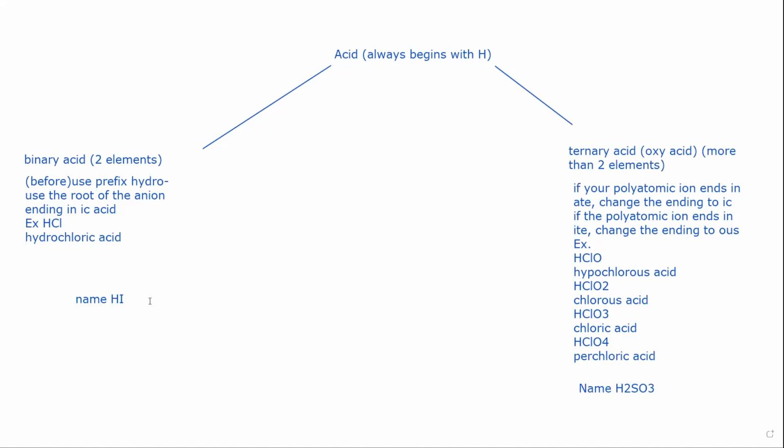So in this case, I'm going to put it below here since somebody already answered. The name of the anion is iodine, right? You take that ending, "ine," and take "ic," and then acid, and that's that one.